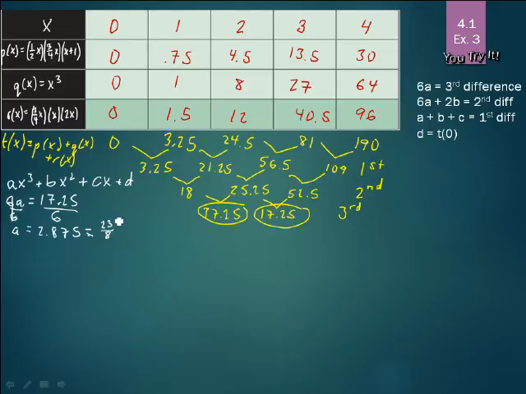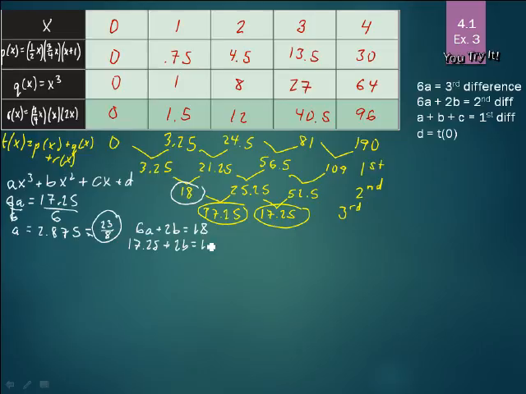And now let's find our B value. So we know 6A plus 2B is equal to the second difference. And it's the second difference coming from 0 and 1 going to the side where x gets bigger. So it's basically just our second difference that we have. We have that will equal 18. So 6A we just saw is equal to 17 and 25 hundredths plus 2B equals 18.